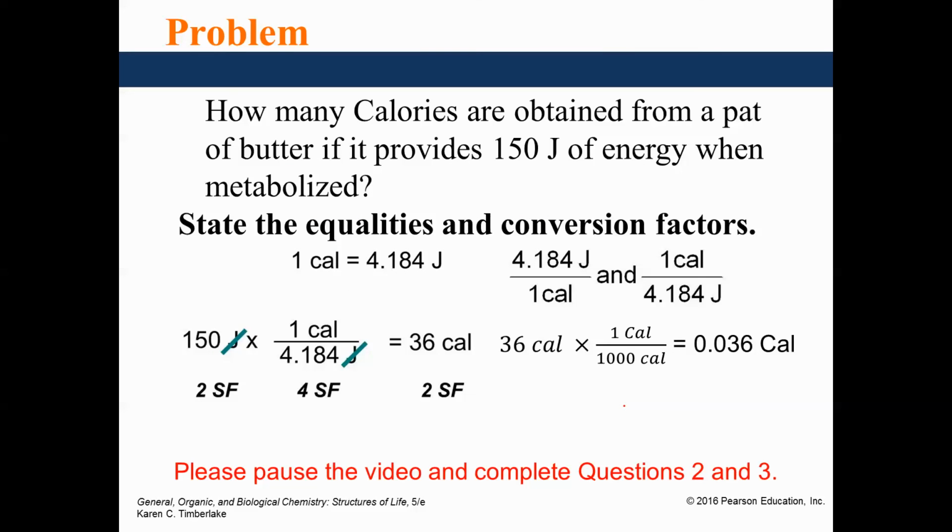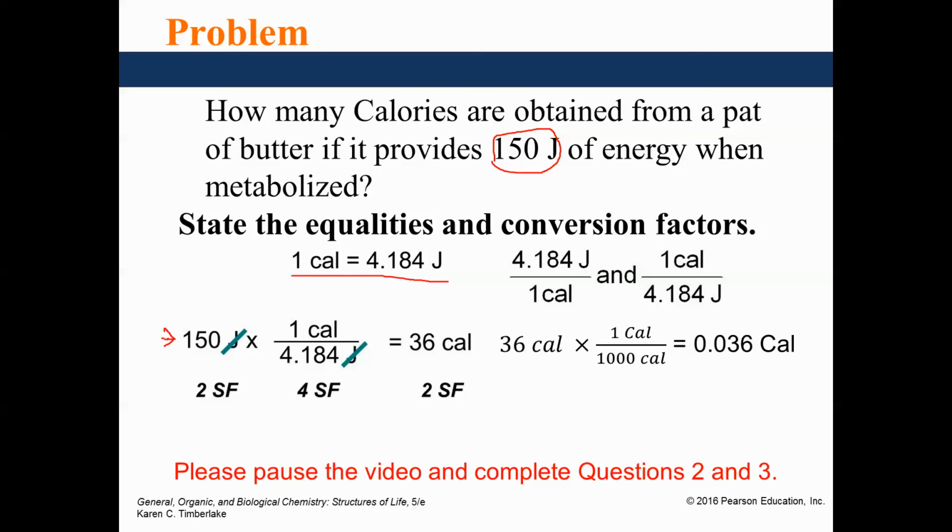So here we have a question: how many calories, and notice, uppercase C calories, are obtained from a pat of butter which provides 150 joules of energy when metabolized? Well, we have to convert from joules into calories, so we're going to use our ratio right here. We're going to start with that 150 joules. We're going to take this out of our problem right here. Bam, and that's going to become our starting point for this problem.